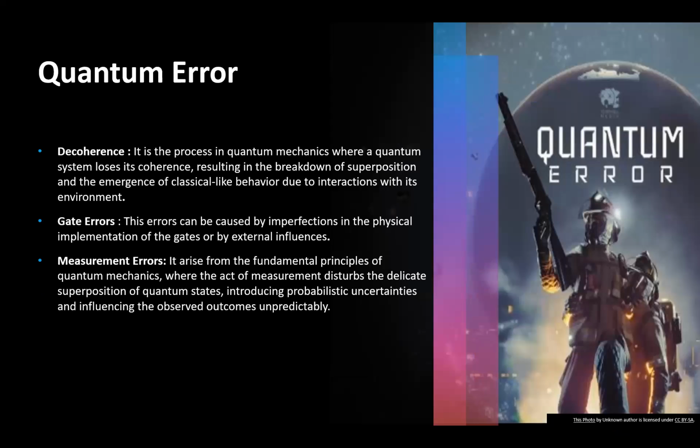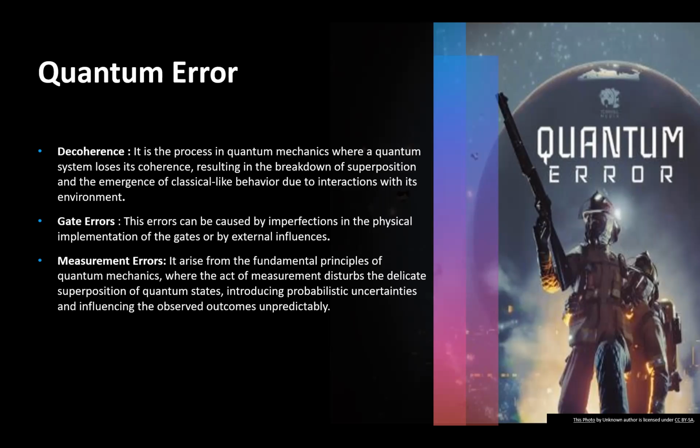Similarly, in quantum computing, we also have quantum errors. These errors include decoherence. So what is decoherence? It is the process in quantum mechanics where a quantum system loses its information, its coherence. Coherence means we have a state that is in superposition, like 0 and 1.